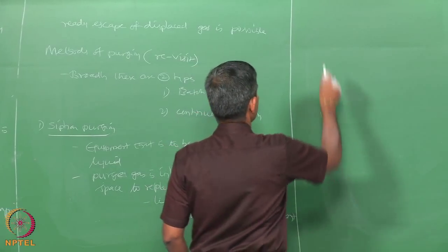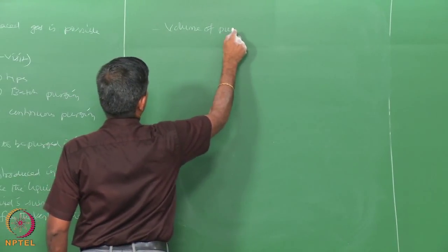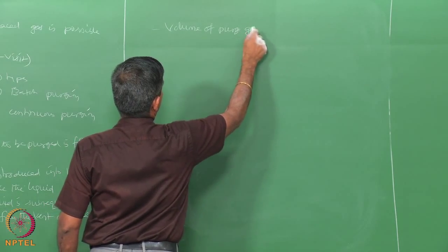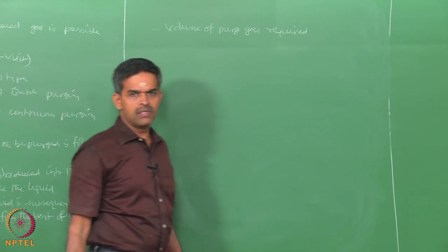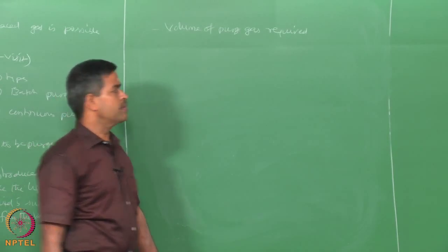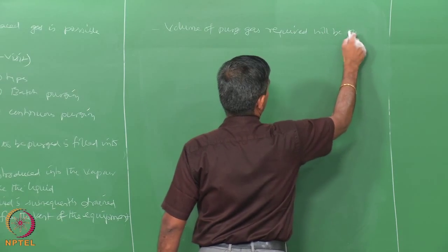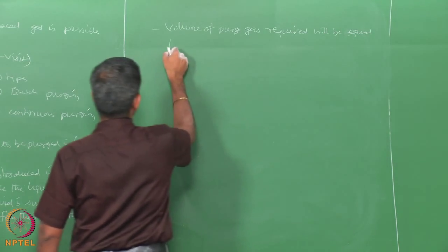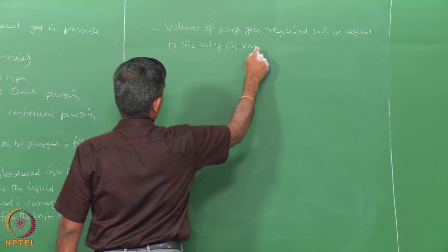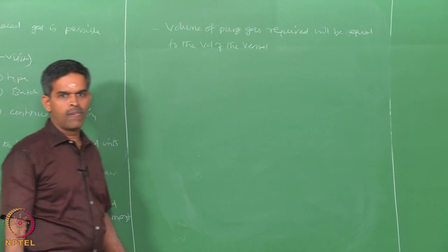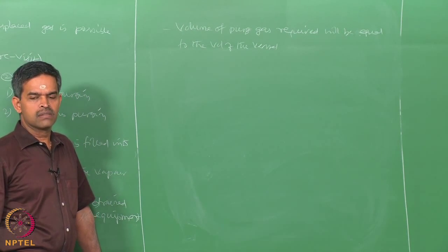In this case, the volume of purge gas required for the operation will be equal to the volume of the vessel. The rate of application will be the same as the rate of draining.